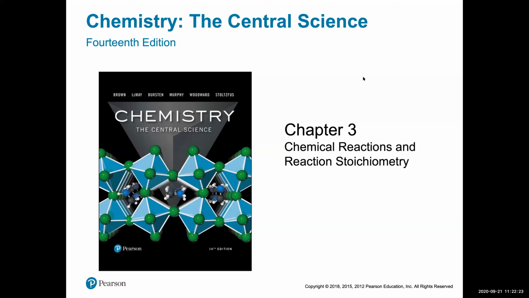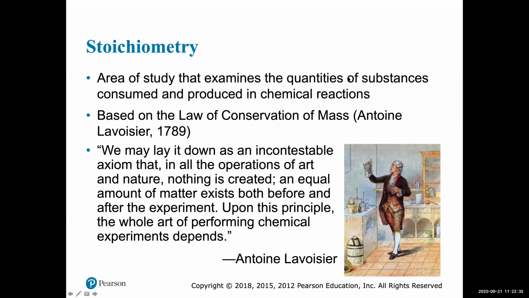All right, so in chapter 3, what we're talking about are chemical reactions and reaction stoichiometry. And as I said, some of this pertains to what you did in the lab a little bit last week. So when we talk about stoichiometry, it goes back to that law of conservation of mass.